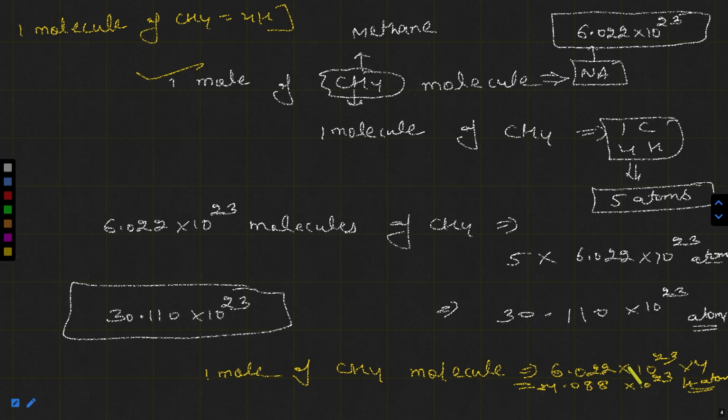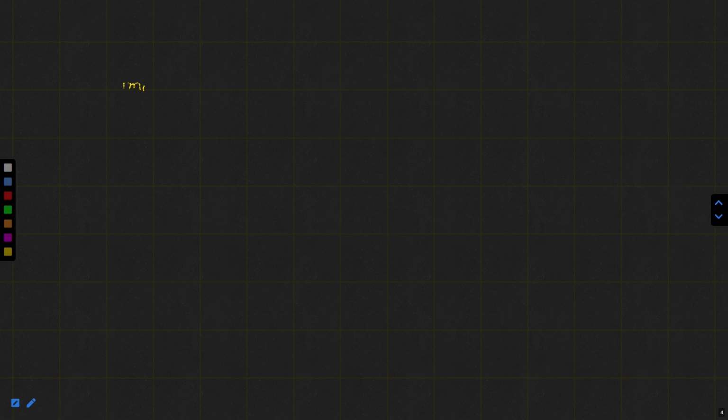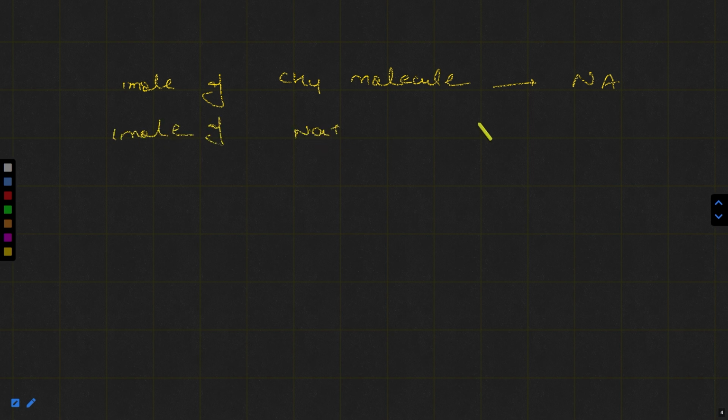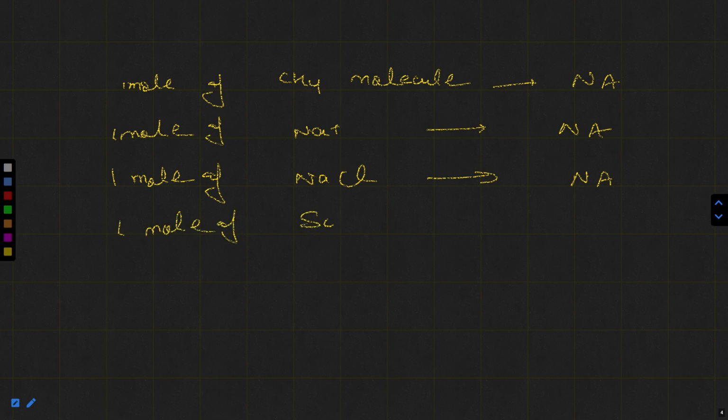So this is about the mole concept. You can easily understand that 1 mole of anything, 1 mole of CH4 molecules, contains Na number of molecules. 1 mole of Na positive ions contains Na number of Na positive ions, right? 1 mole of NaCl contains Na number of Cl negative ions. 1 mole of SO2 contains Na number of SO2 molecules.